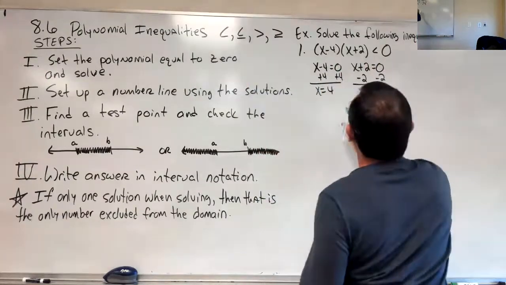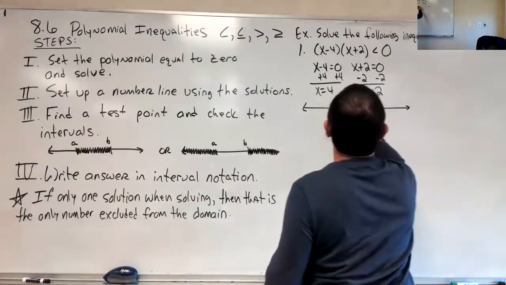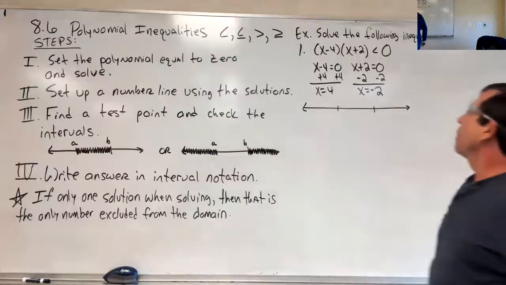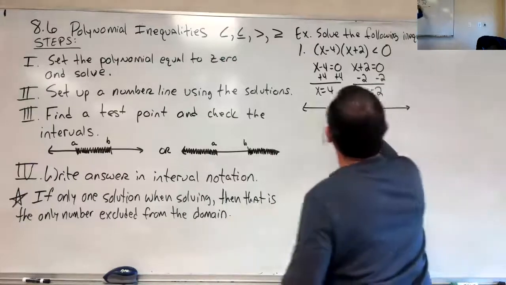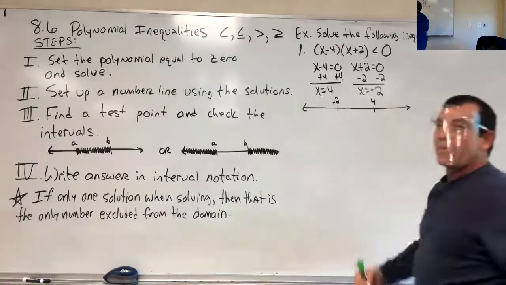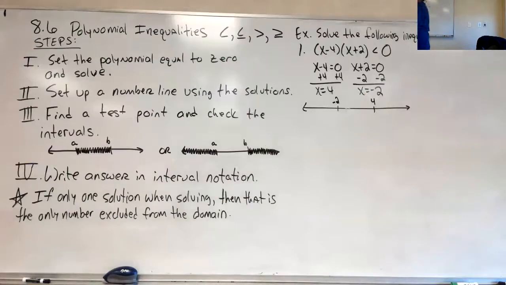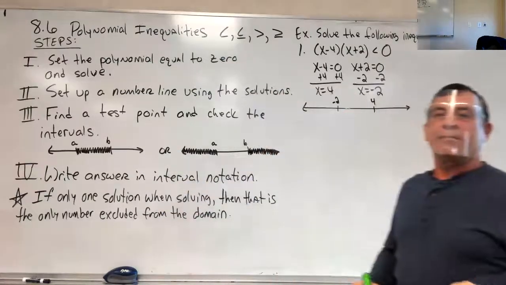So now I'm going to set up a number line using these two solutions they gave me. So I know negative 2 is going to come before a positive 4. So over here is going to be my negative 2, and that'll be my positive 4. So this says find a test point and check the intervals.